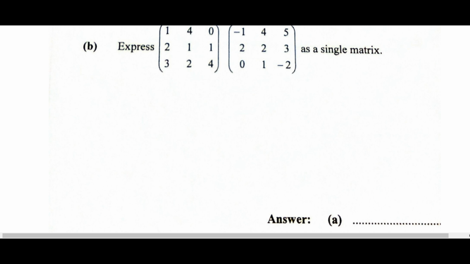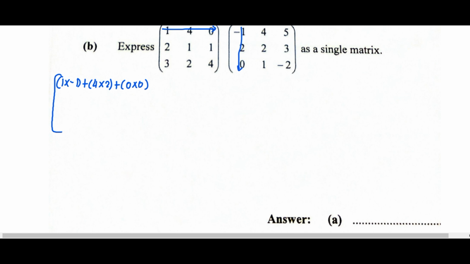So 7b here, we are told to express these two matrices as a single matrix. So we'll do the multiplication. It's the first row by this column here. So this will be 1 times -1 plus 4 times 2 plus 0 times 0. We are done with the first column.